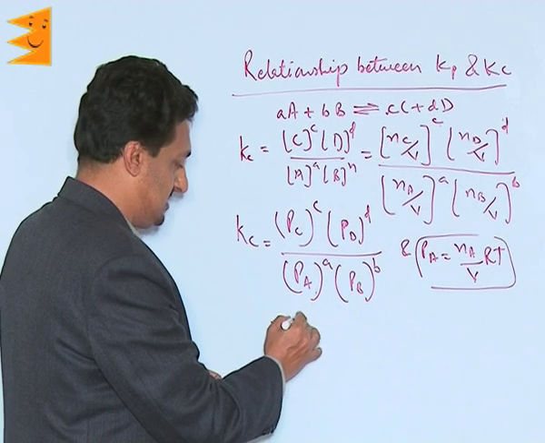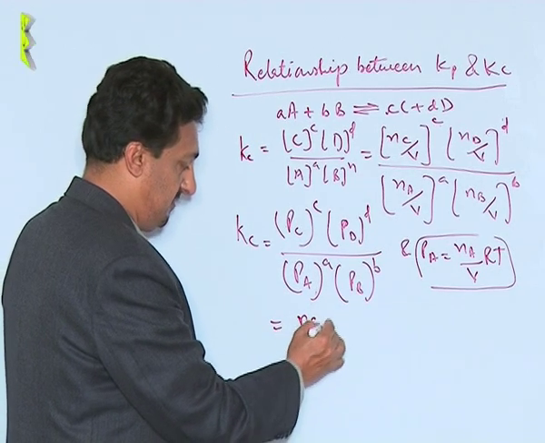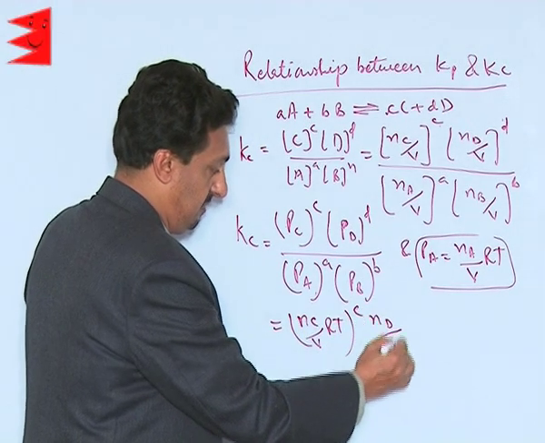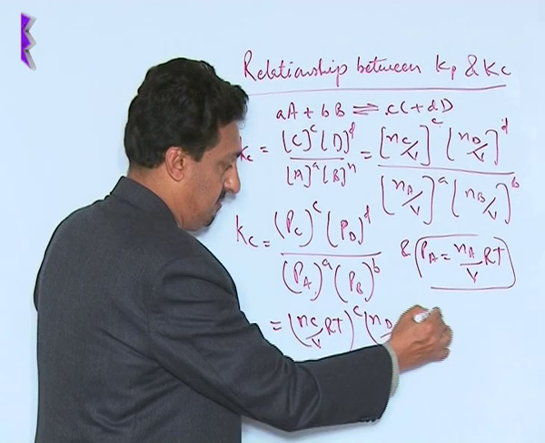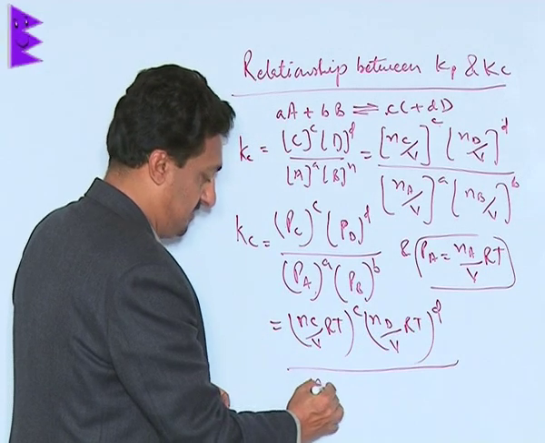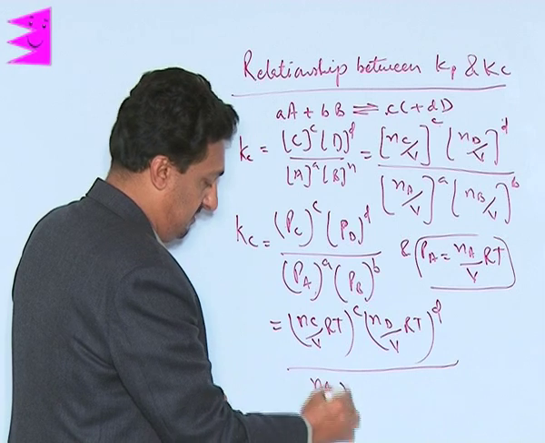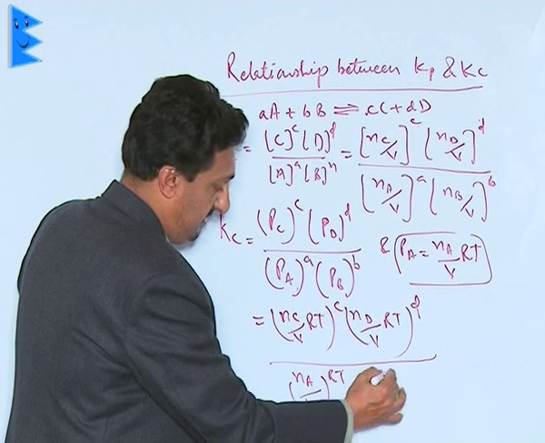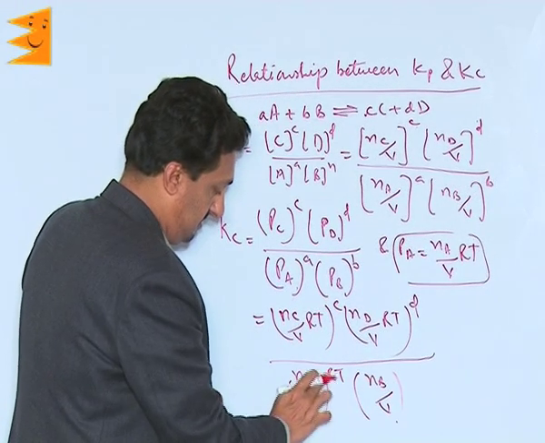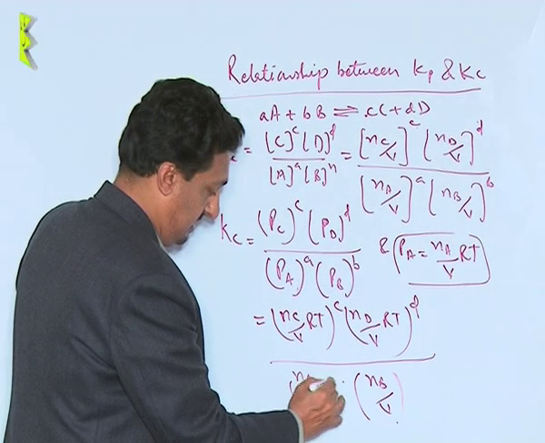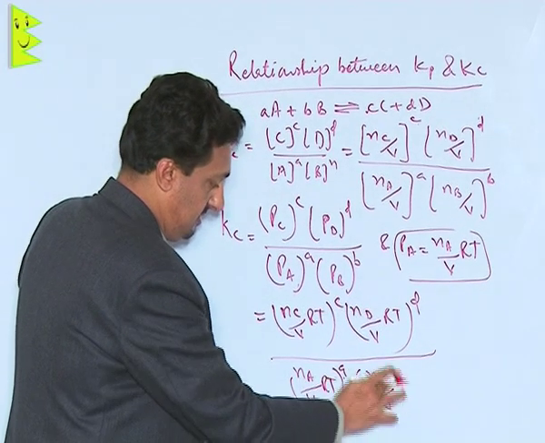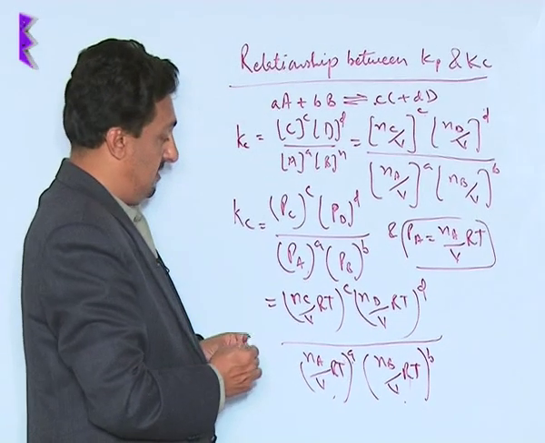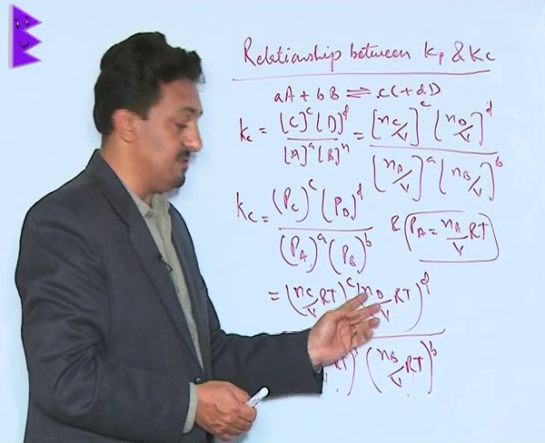So we can write the partial pressure formula of these four substances involved. It can be written as number of moles of C upon V times RT to the power c, number of moles of D upon V times RT to the power d, upon number of moles of A upon V times RT to the power a, number of moles of B upon V times RT to the power b. Now, we can take out RT as common.